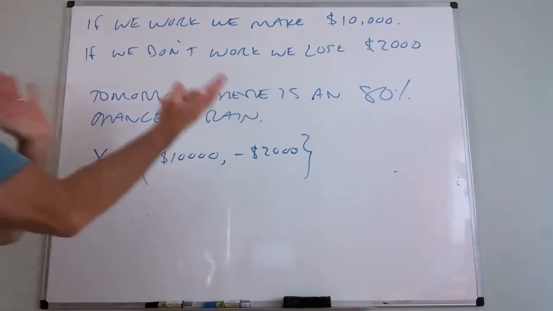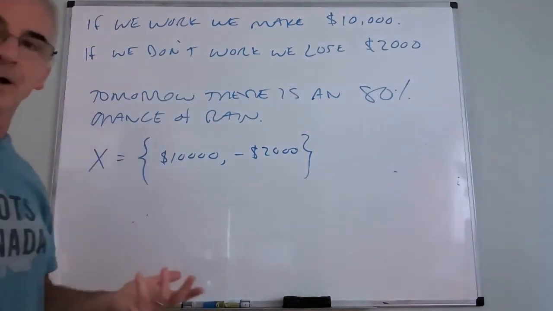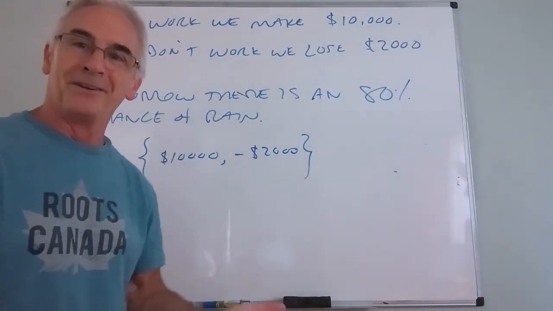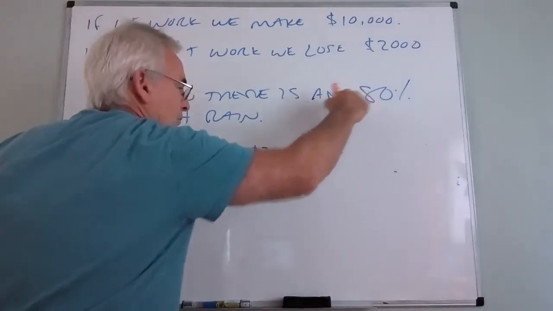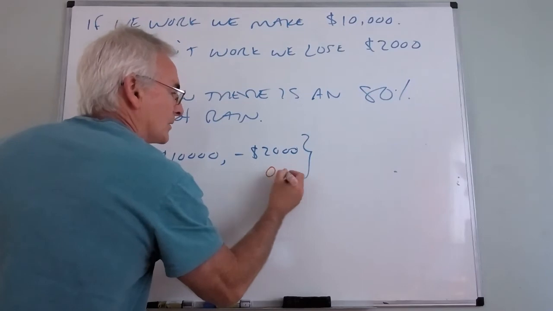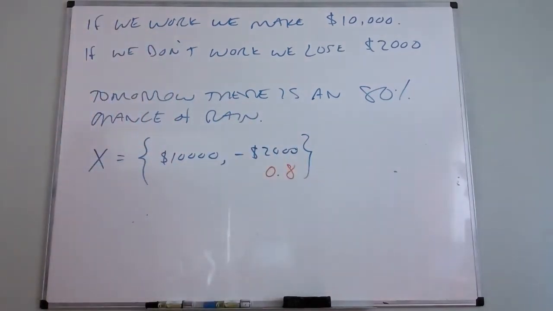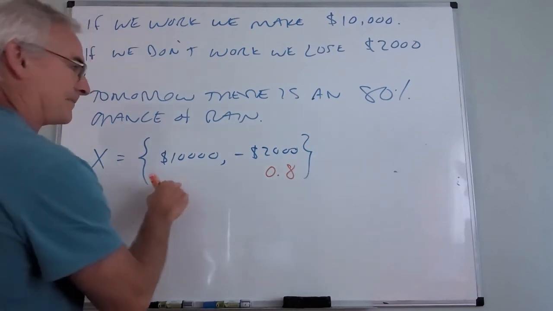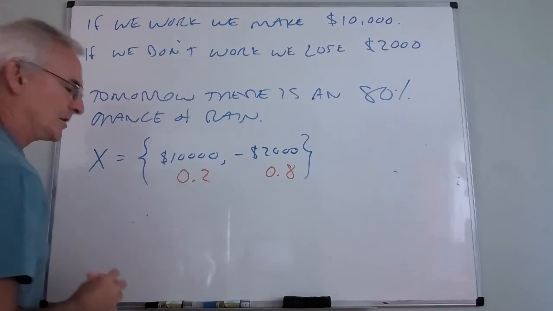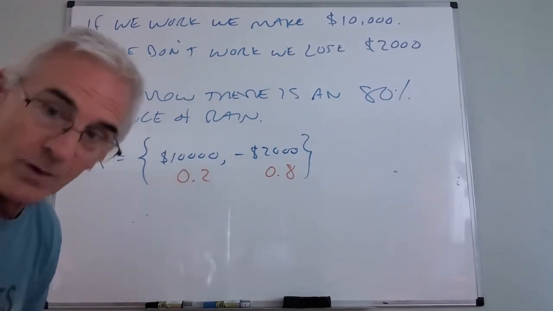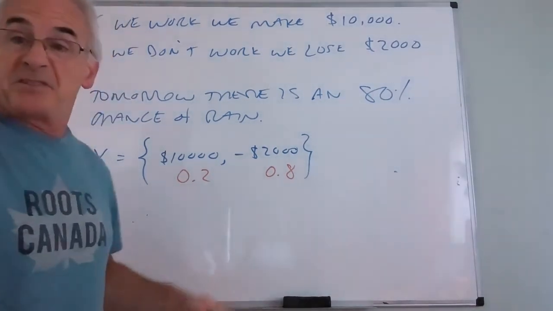If there's an 80% chance of rain, the probability of rain is 0.8. So the 80% chance of rain means the probability I'm going to lose $2,000 is 0.8. So what's the probability it will not rain? 2 out of 10, 0.2.